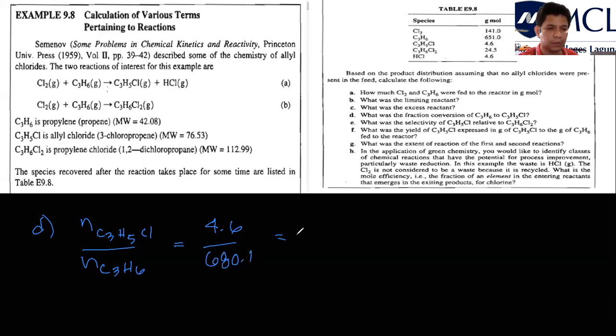So just use your calculator to get this ratio. It's 6.76 times 10 to the minus 3. Okay, so that's the fraction of propylene converted to C3H5Cl.